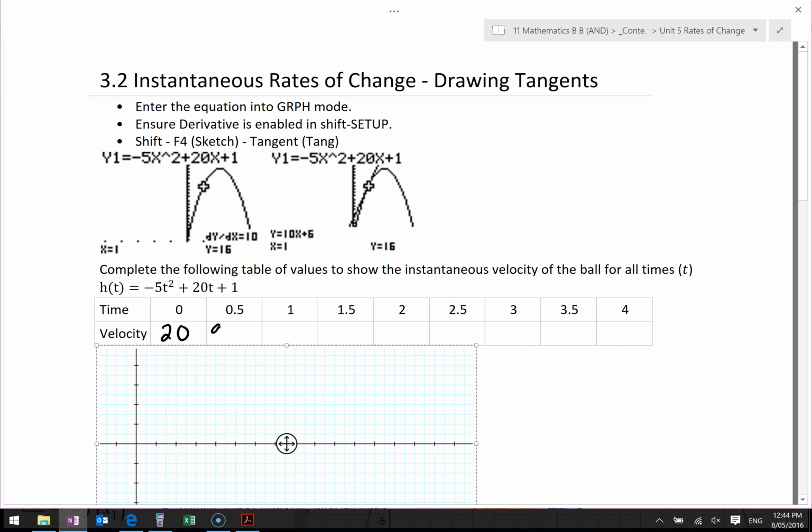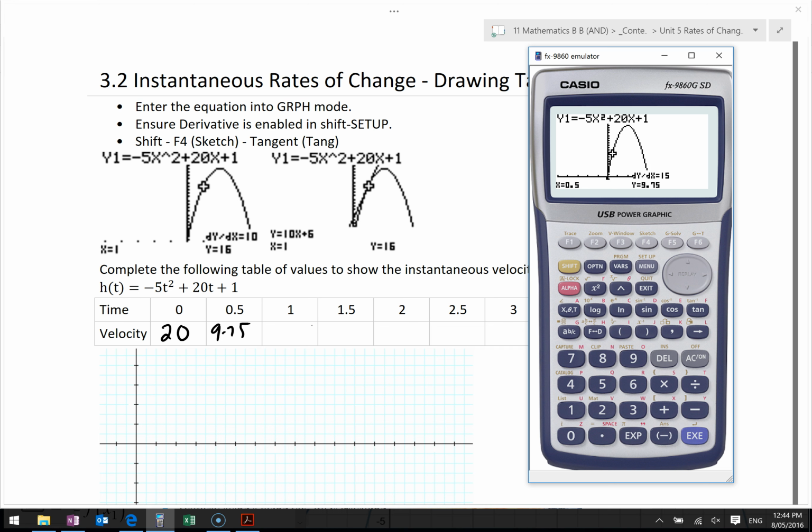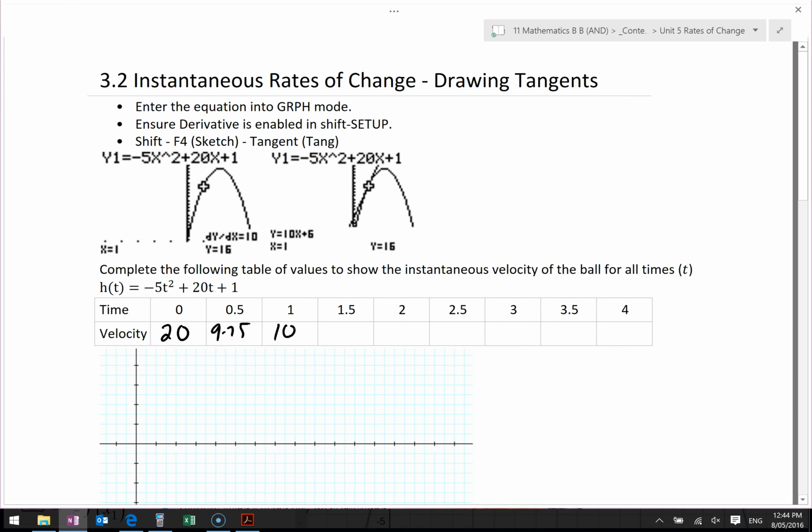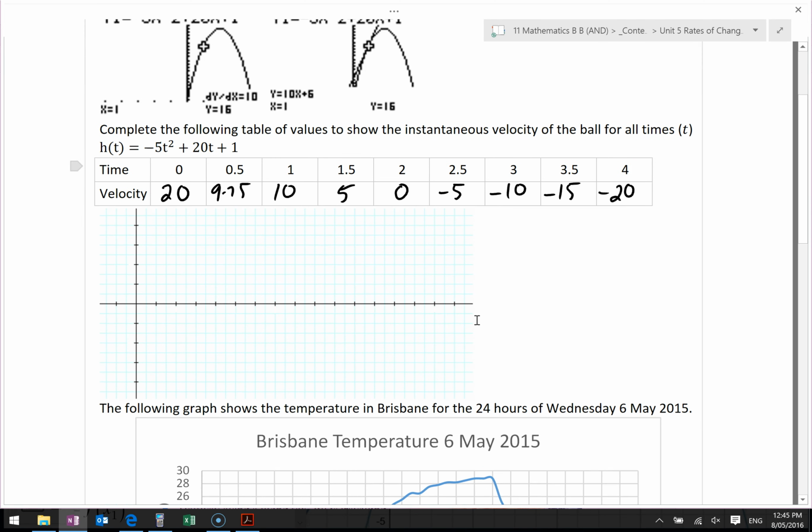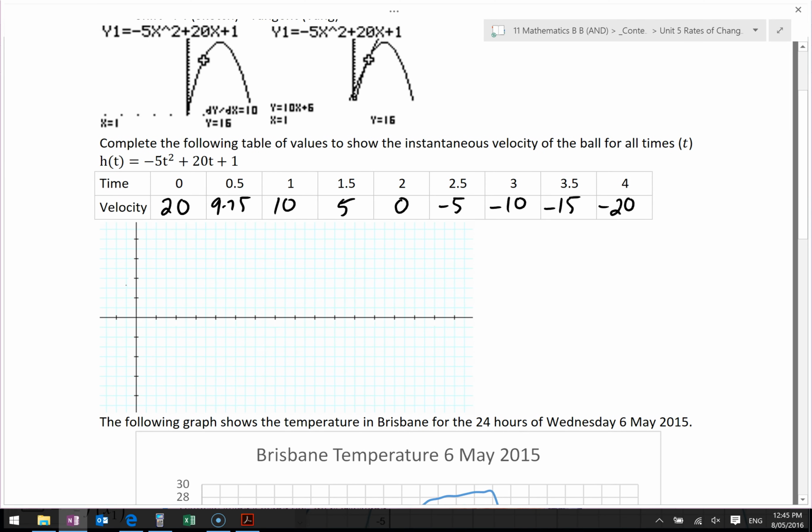I can put that in. The slope at 1, which is the one that we've been spending heaps of time calculating, the slope is 10, as we calculated on the previous page. And we can do this for all the other points as well. So you can see how the velocity changes over time. And if we wanted to, we could draw a graph of this.